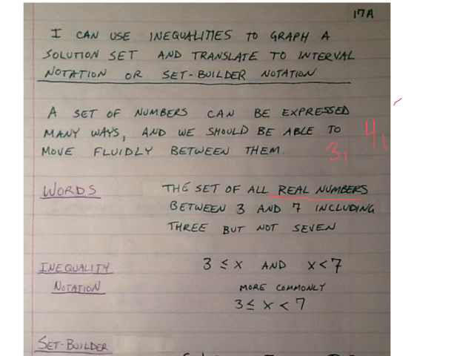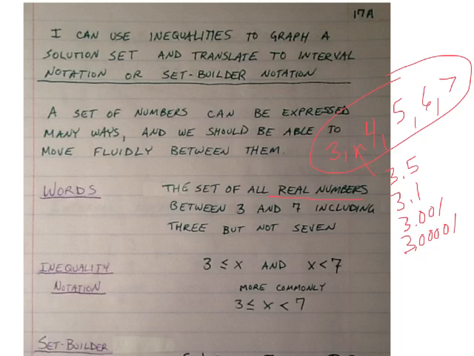We'd say 3, 4, 5, 6, 7, but then we also have 3.5, 3.1, 3.001, 3.00001. So we couldn't list all of the numbers. So we've created different ways to list all of the numbers. So this description in words tells us what we're trying to list.